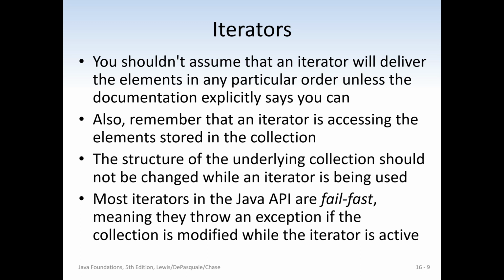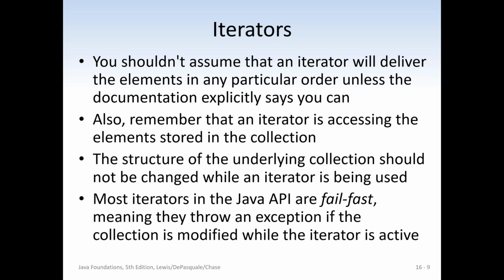So remember that the iterator is accessing the elements stored in the collection. So you should not change the collection while you're iterating over it. Okay? Because you can accidentally invalidate the iterator that you're working with. Does that make sense? Like, let's say you're going through a linked list.